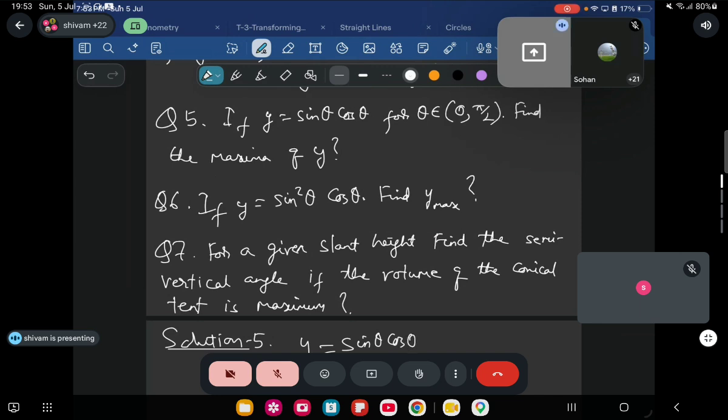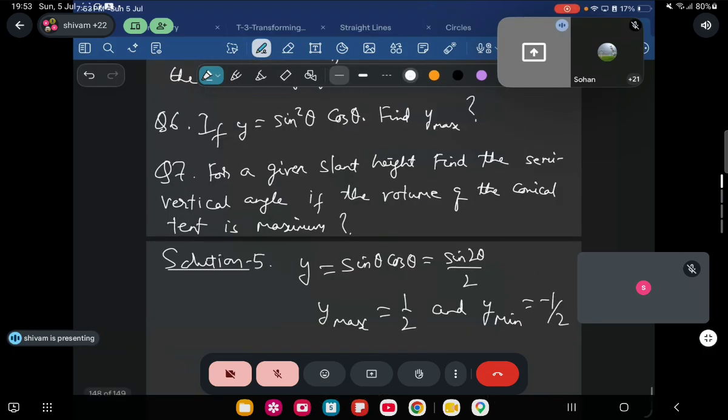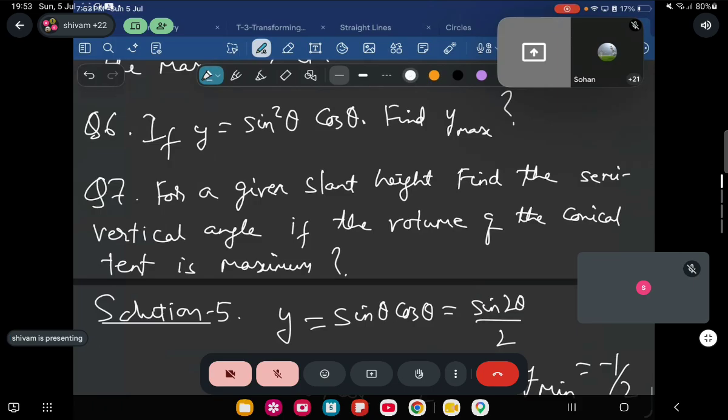What is sin theta cos theta? Half of sin 2 theta. So what is the max, everyone? y max is half. And y minimum is minus half. That's very easy. Quickly solve 6 and 7, everyone.